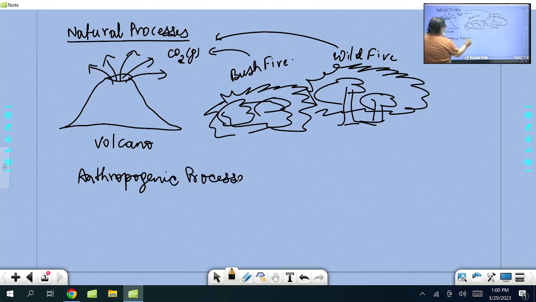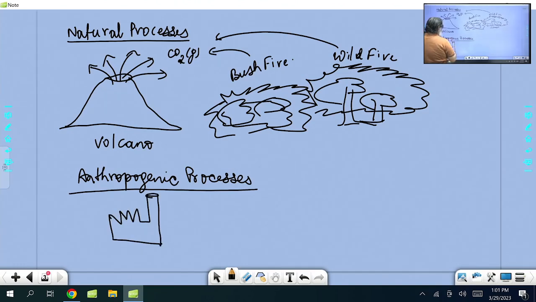Suppose the chimneys of a factory, where the gases come out. Then vehicular emission.